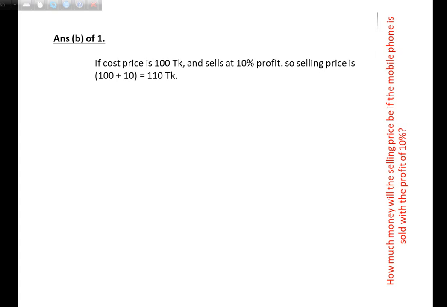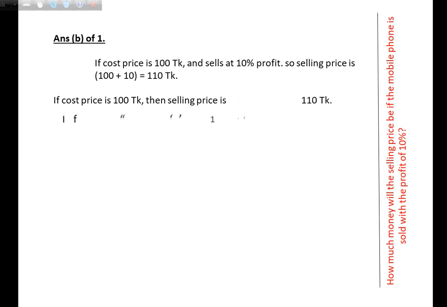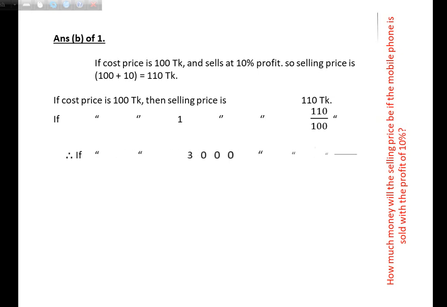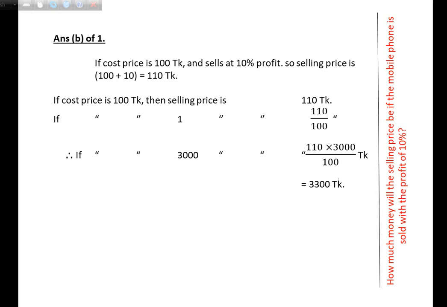So this information is correct, and we have to write that if the cost price is 100 taka, then the selling price is 110 taka. If the cost price is 1 taka, then the selling price is 110 divided by 100 taka. And if the cost price is 3,000 taka, which we found in the previous question's answer, then the selling price will be 110 multiplied by 3,000, divided by 100 taka, and that is 3,300 taka.